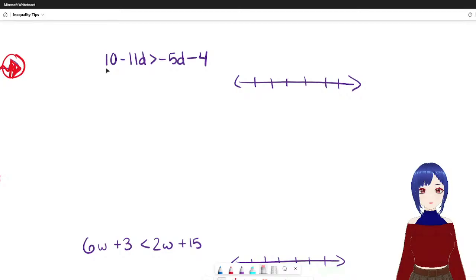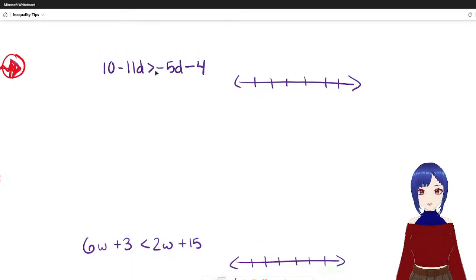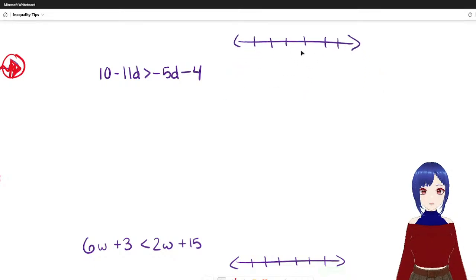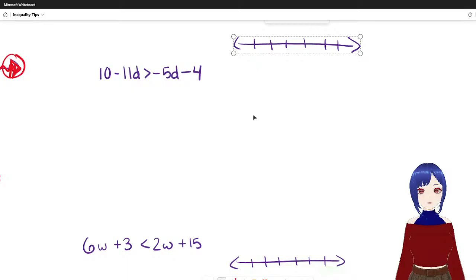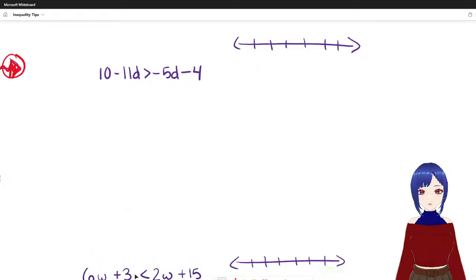So once again, I'm gonna shift this. Actually, what I'll do, I'll shift the number line up instead. This is one where it will definitely be helpful to write it as an equation first.